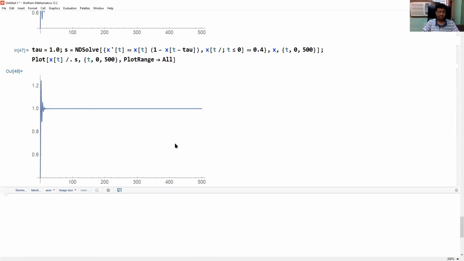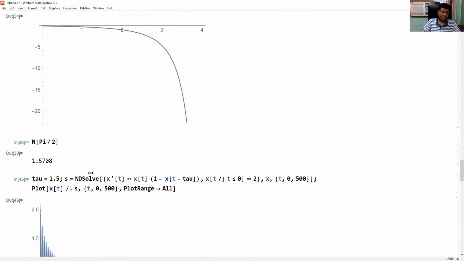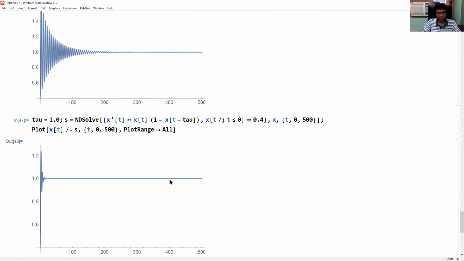Stability. Now let us take a delay which is beyond the critical value, which is bigger than the critical value, say 1.6.